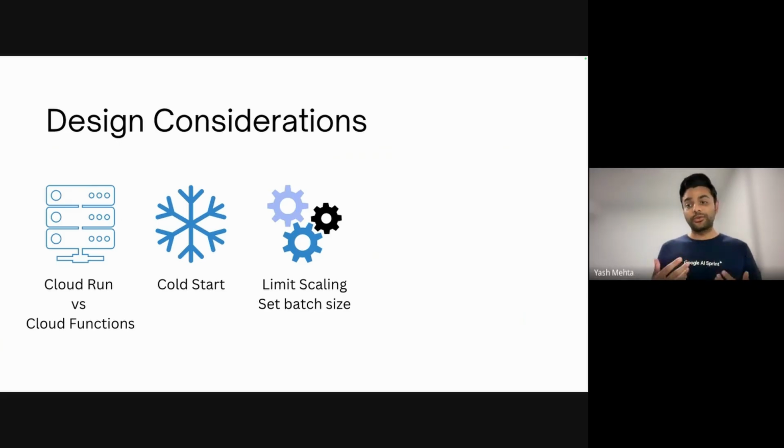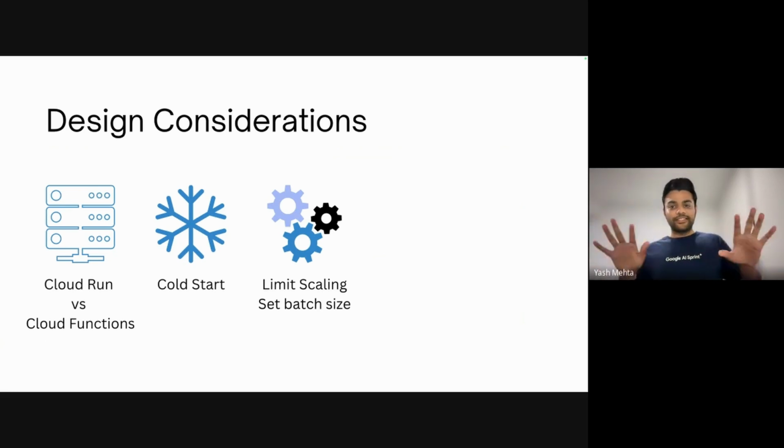And that would be so much quicker and cheaper because you're not spinning up instances for each request. And batch size and scaling go together because now you can control how much you can go up in scale and what the batch size is based on your use case.